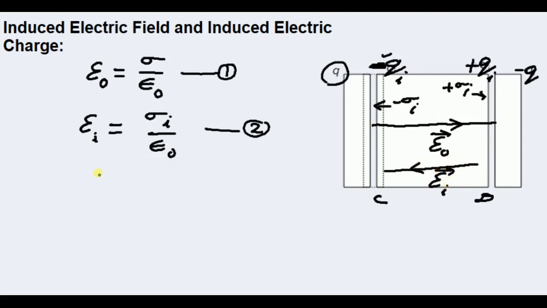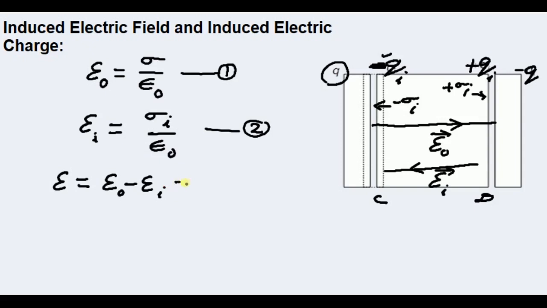So the net electric field at any point between the plates of the capacitor, at any position in the dielectric slab, is E is equal to E naught minus EI, as both are oppositely directed.